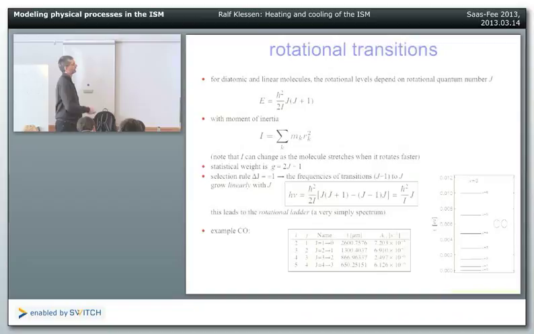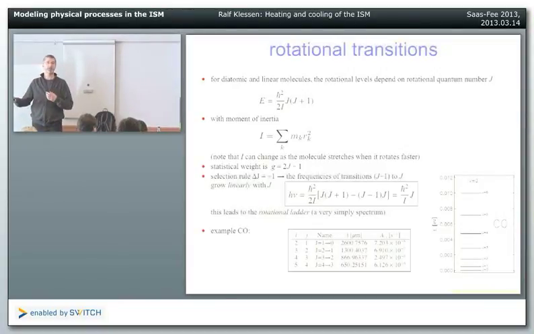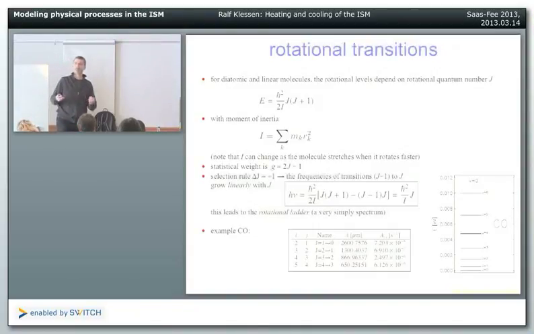One of the questions in the tutorials tomorrow is, why is there a slight difference in the frequencies of the isotopomers of CO, let's say 12CO or 13CO or C16O and C18O, etc.? This is probably a reason to look for. The statistical weight, again, depends on the rotational quantum number.